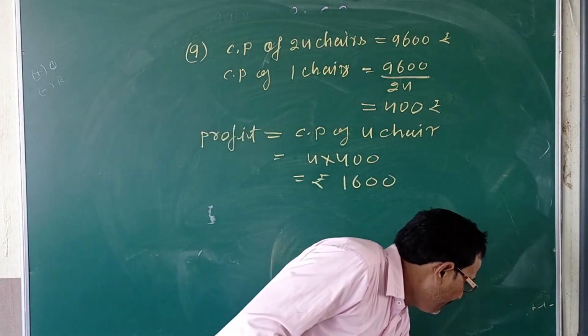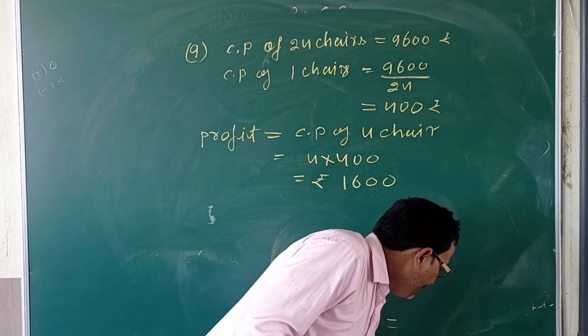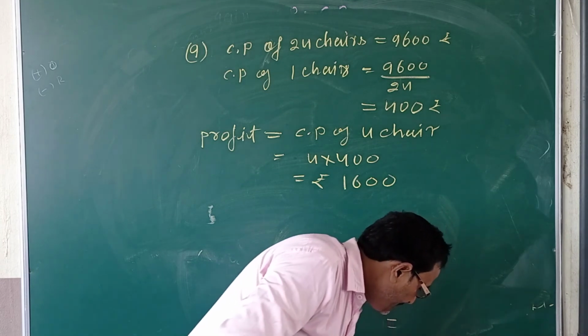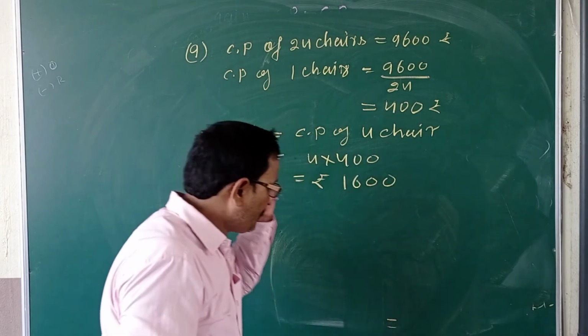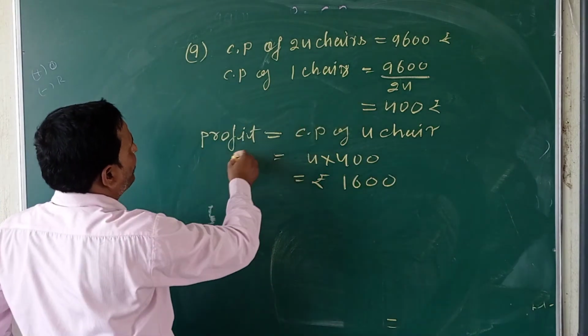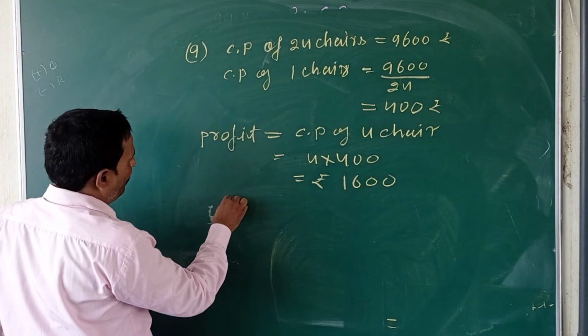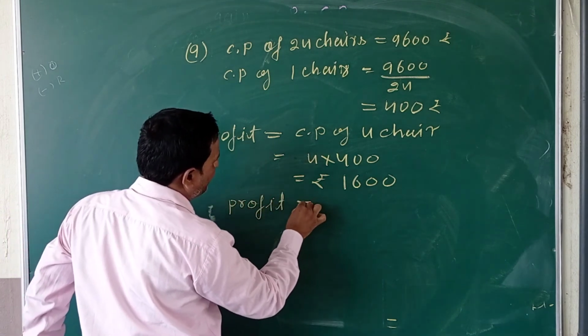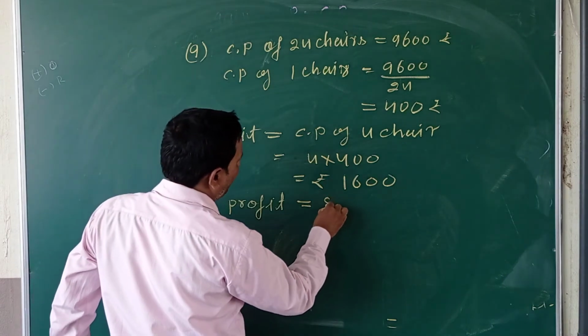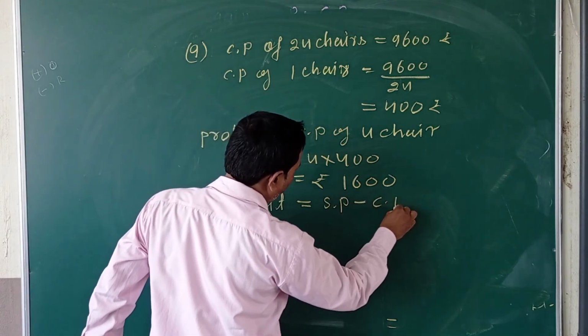Asking to find the SP. So you know that profit is equal to SP minus CP.